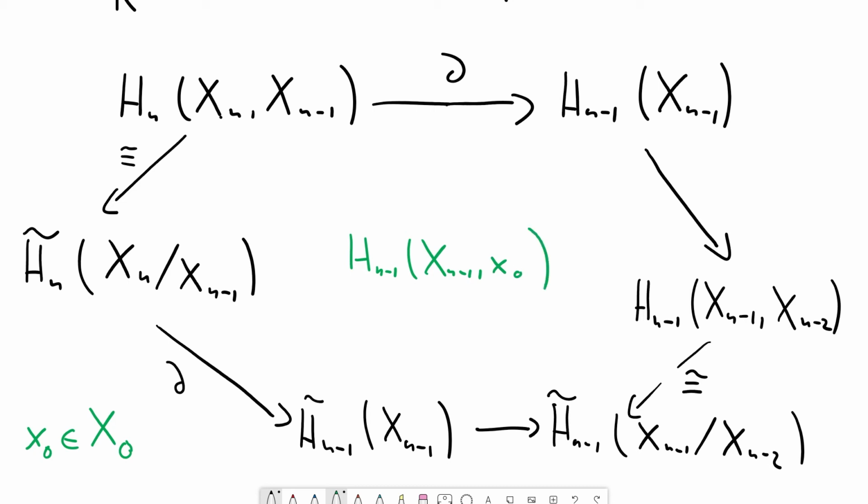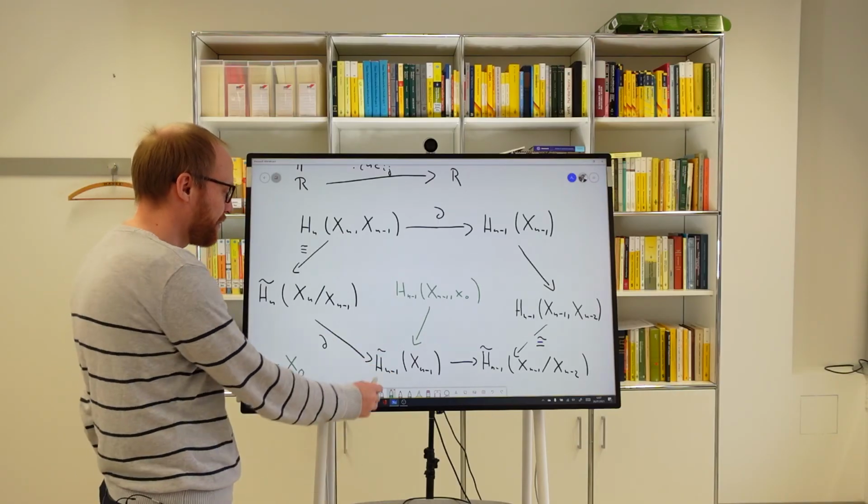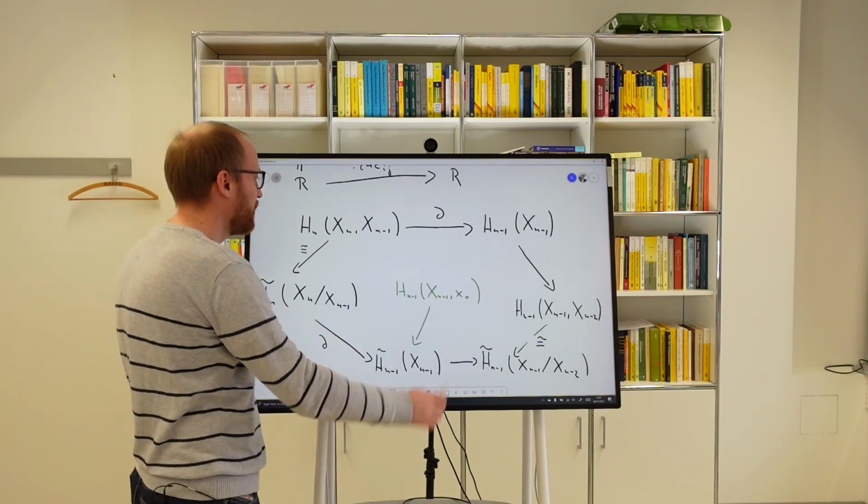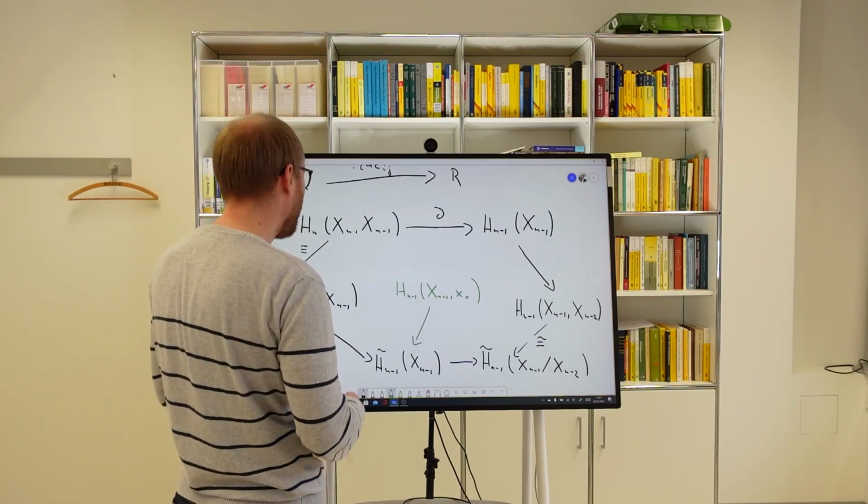And now I connect this object with as many objects here as I possibly can. And well, first of all, I have this map here. This is just, again, this collapse map. If I mod out a point from a space, then I get the same space, but this makes me end up here in reduced homology. So this is, again, our collapse proposition, which I use here.